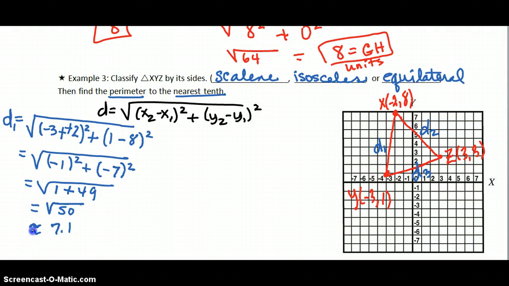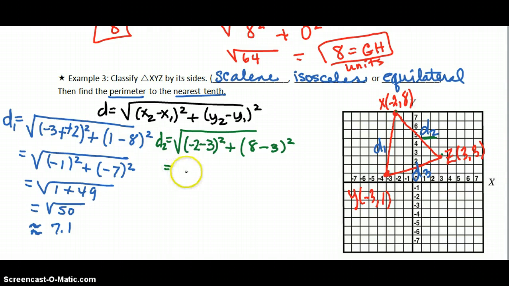And then I had to estimate. And it said to the nearest tenth. So distance number 2 is going to be here. I'm looking over here at these 2 points. So my x's are -2. It does not matter which one you put first. -2 minus 3 squared plus 8 minus 3 squared.